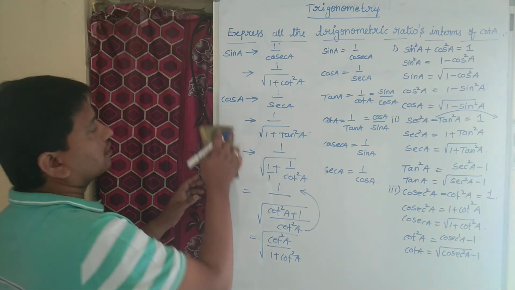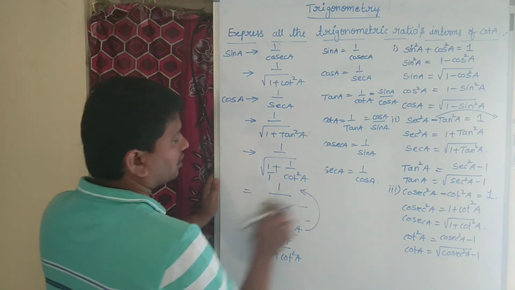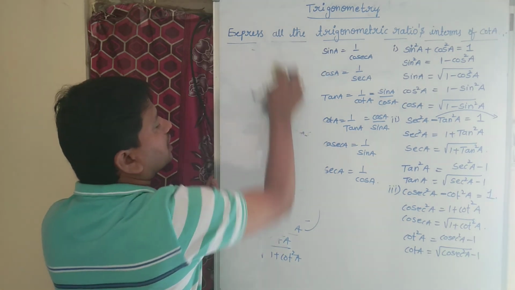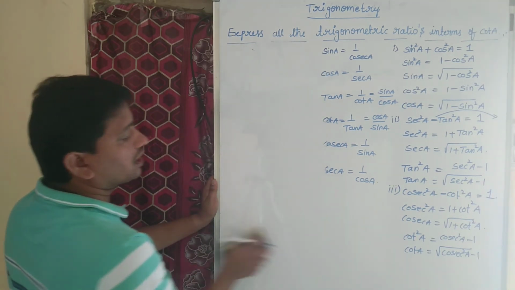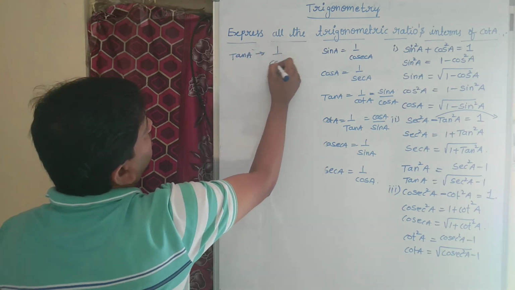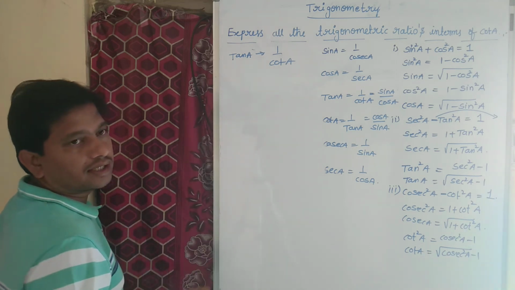Now coming to tan, tan A is nothing but 1 by cot A. So that is easy only. Tan we can express easily as 1 by cot A. That's all.